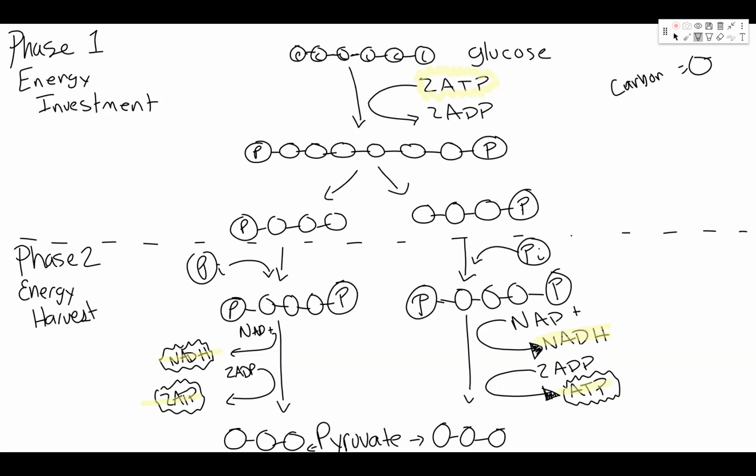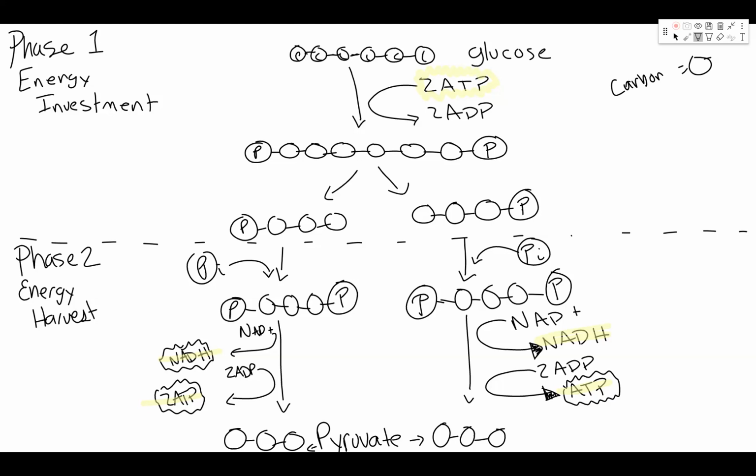This is the entirety of glycolysis. Now we can always get it a little bit more complicated because it is a 10-step process. We've kind of simplified it a little bit. But this is what happens.